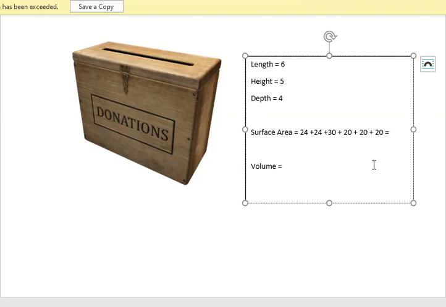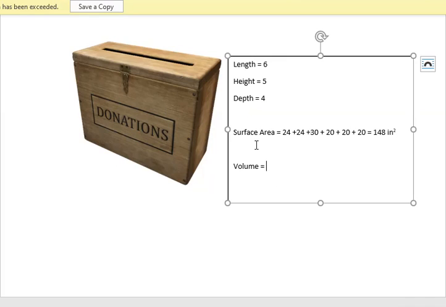This means that all of that adds up to 148. And the surface area here, 148 inches is going to be squared.